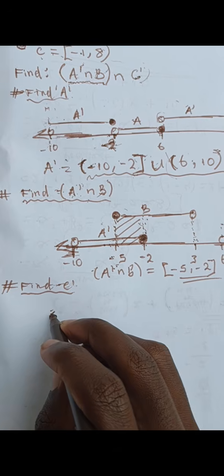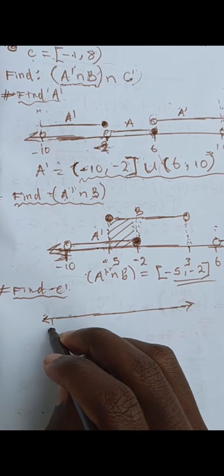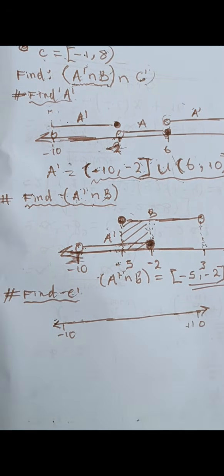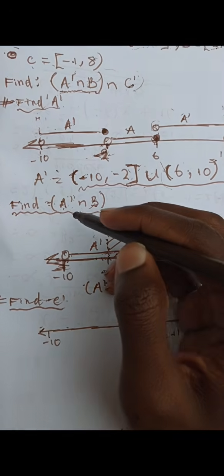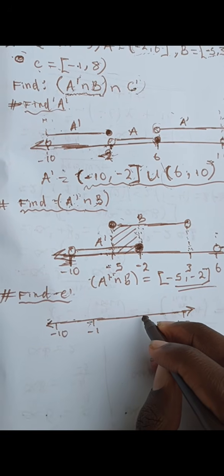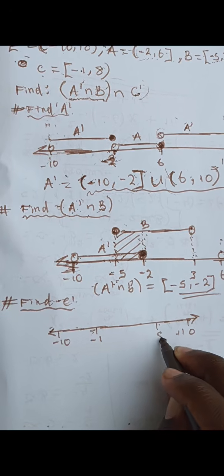So I'll just draw another one here. So there's -10 and here there's +10. So we are dealing with C, right? Here we are having -1. Here we are having 8, right?